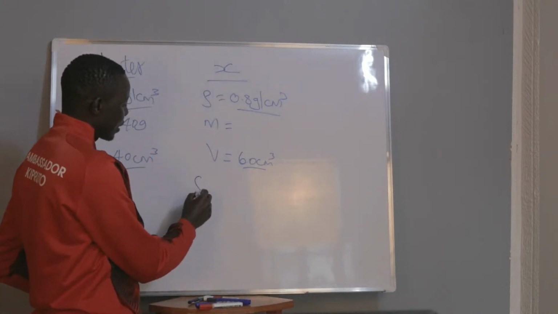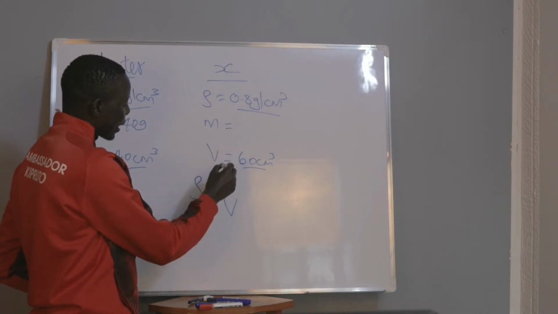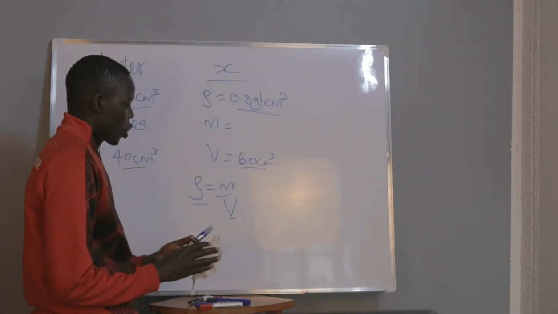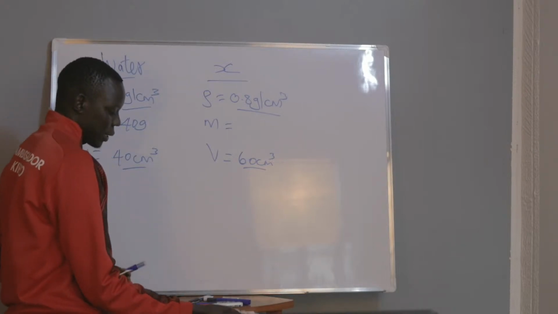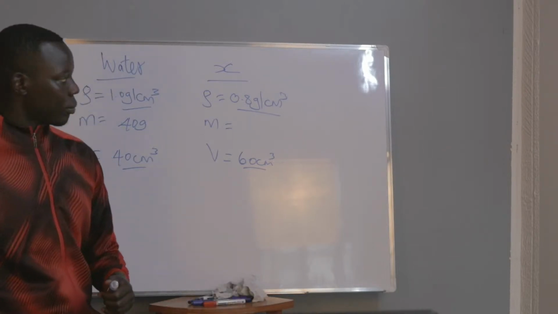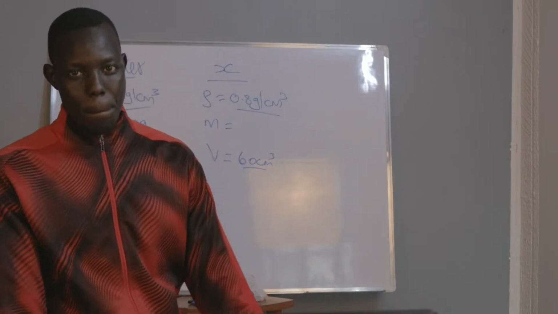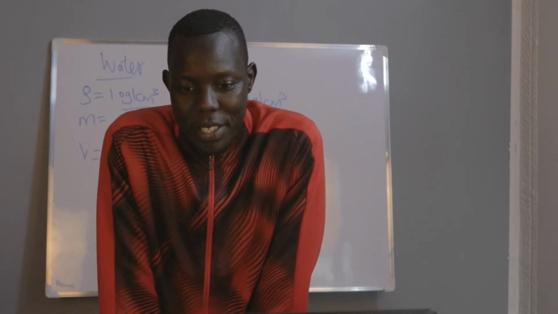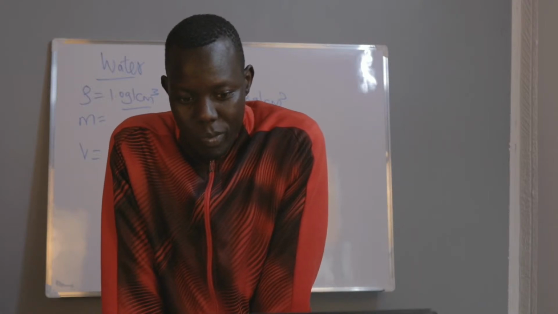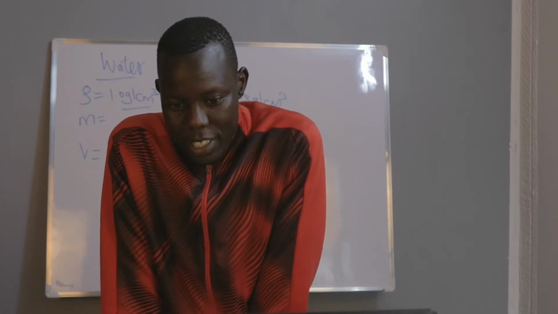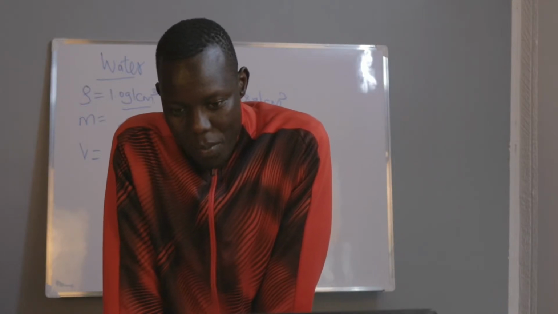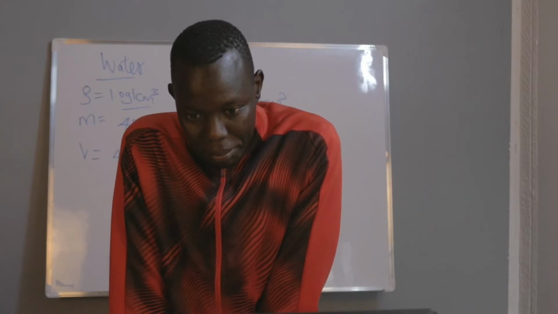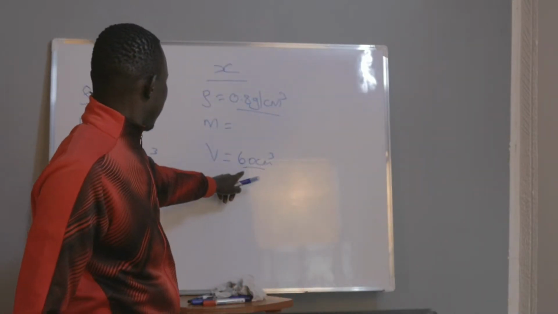What is the mass of liquid X? If density is given by mass over volume, then mass is going to be volume times density. So 60 times 0.8.